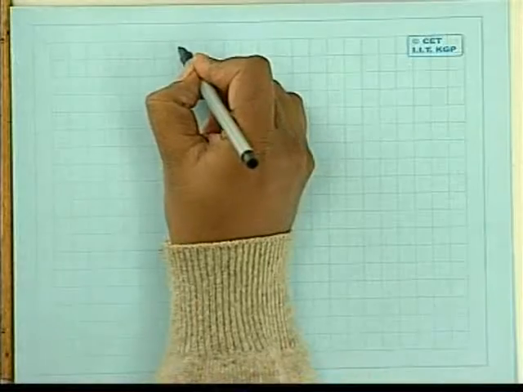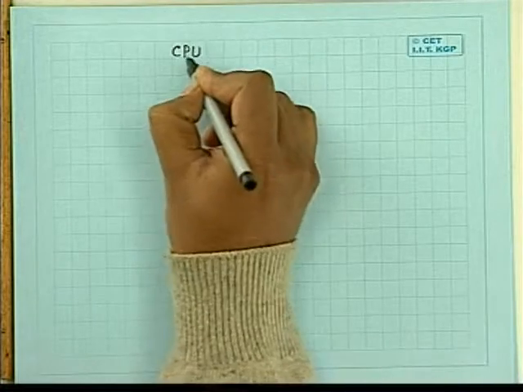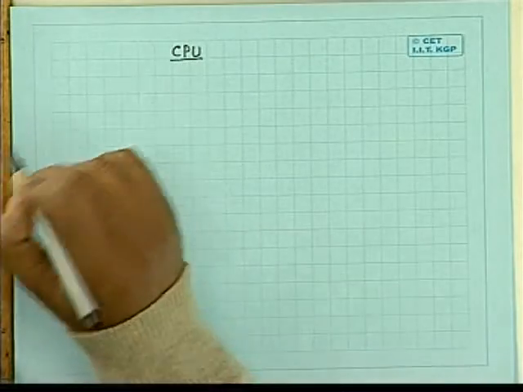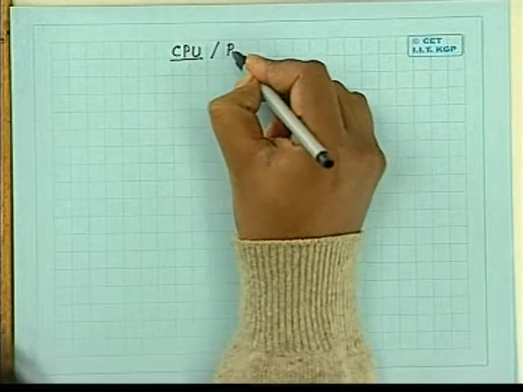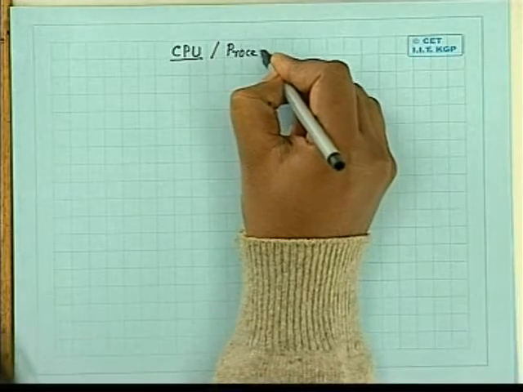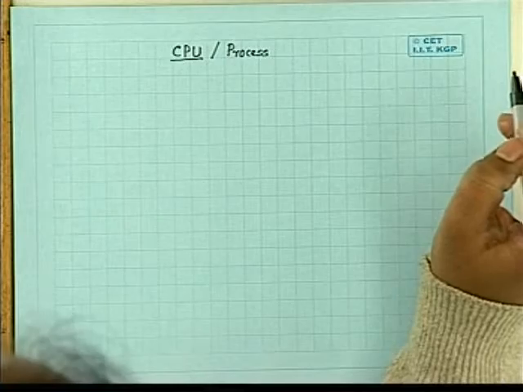Now, let me come to the first aspect or the first responsibility of the operating system, that is the CPU management, or sometimes this is also referred to as process management. Okay.